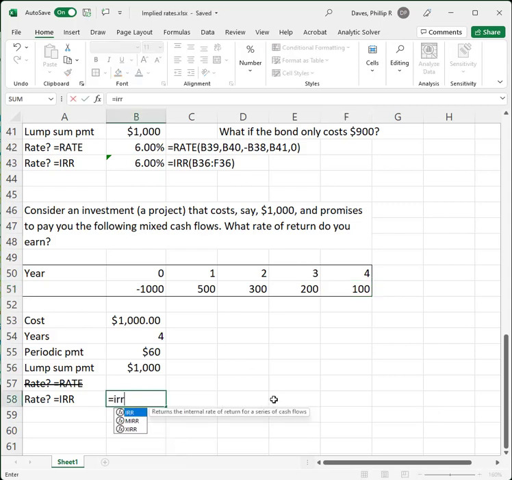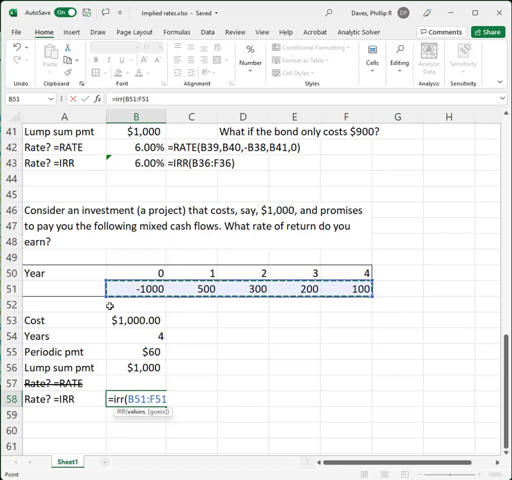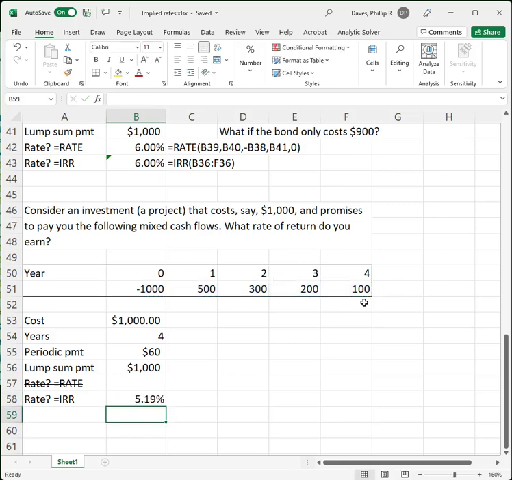And in this case, the IRR function tells us that this investment that you pay $1,000 to get into it, and then you get 500 and 300 and 200 and 100. That gives you an annual rate of return of 5.19%. And I'll give you the formula there. All right then.